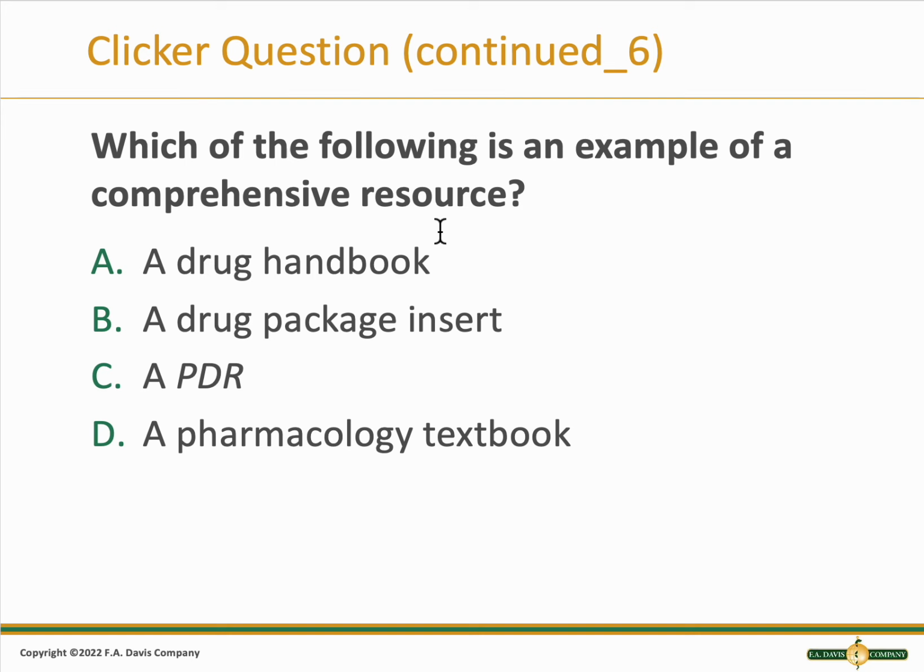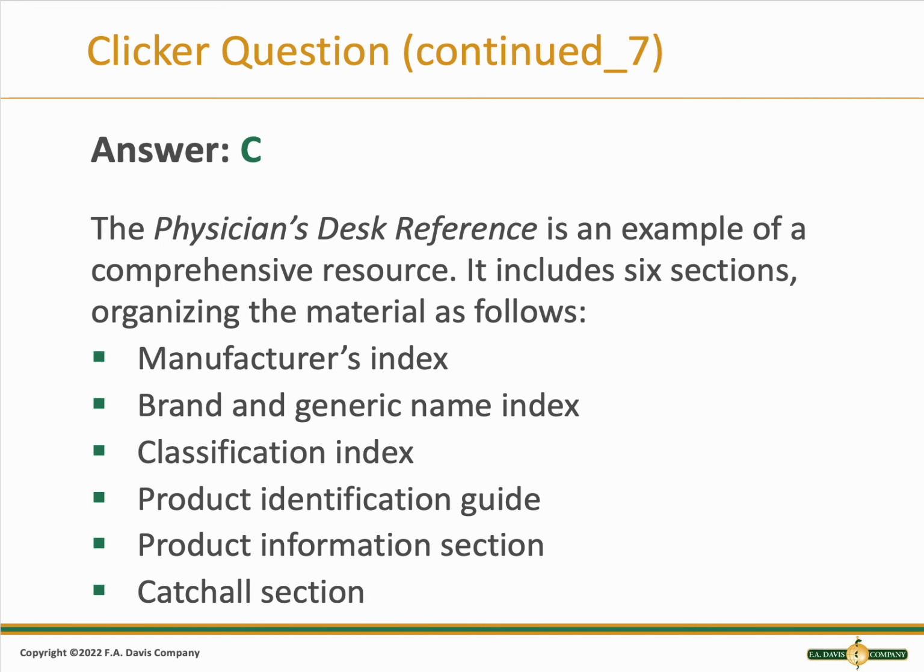I do want you to read up from the book. Which of the following is an example of a comprehensive resource? I'll give you a second. And so this would be the PDR, or the Physician's Desk Reference.